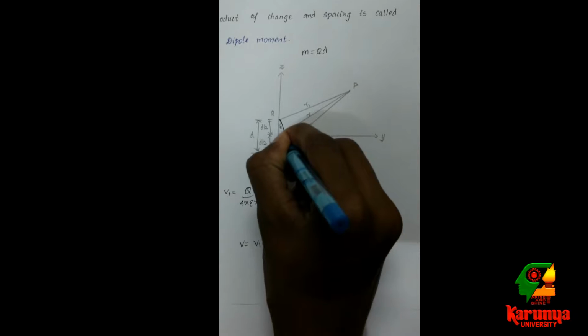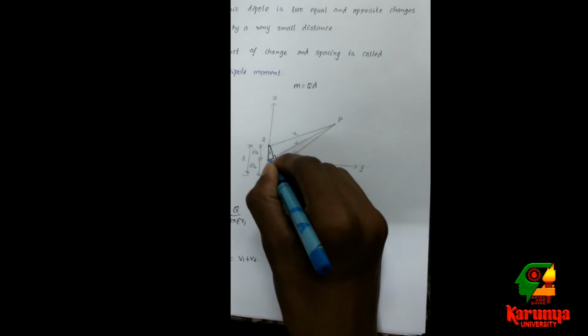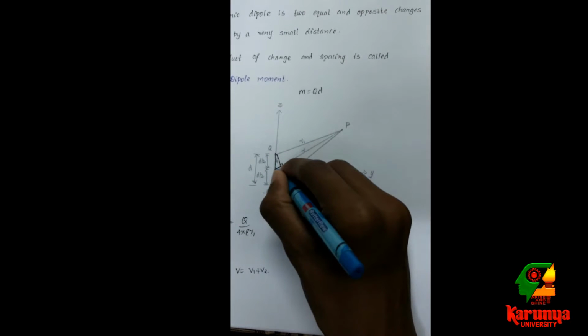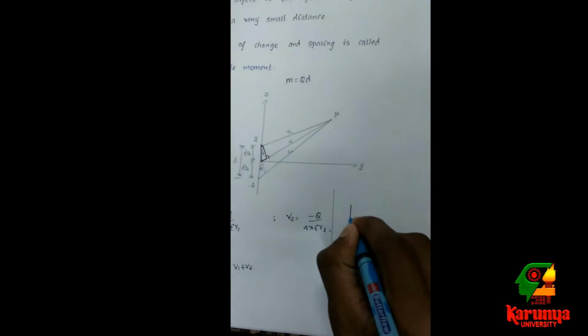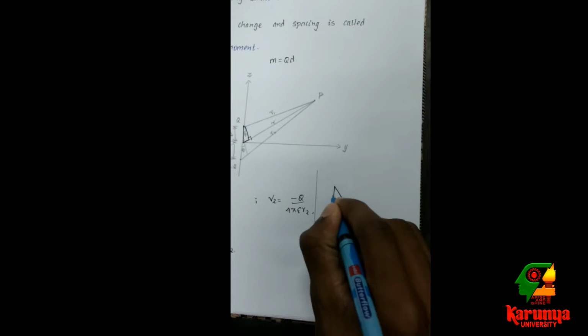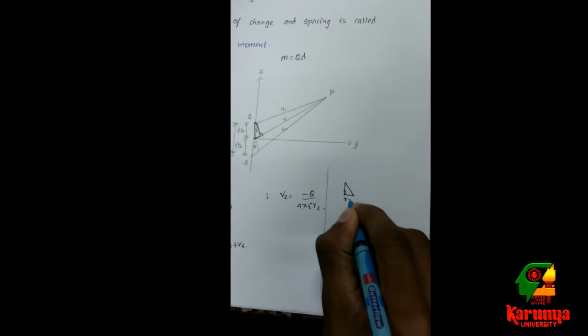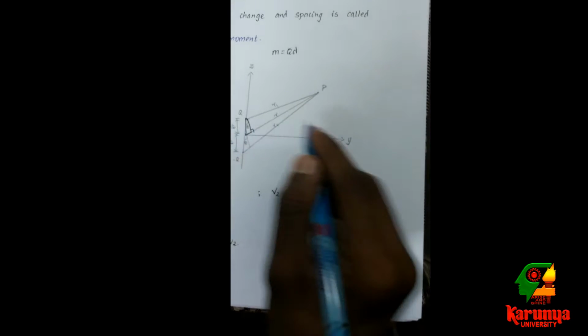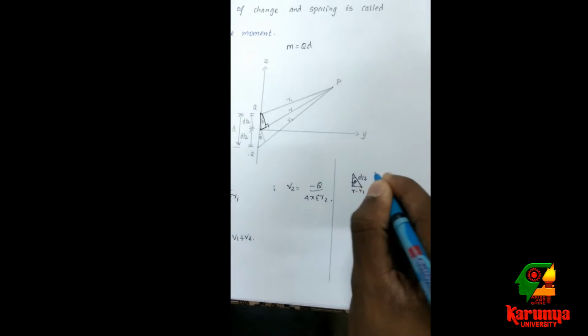Now we have to find the values of r1 and r2 from the diagram. Let us consider this triangle. The value of this length can be written as the total length r minus the small length r1. This side is r minus r1, the angle theta is here, and this side d by 2 is the hypotenuse.